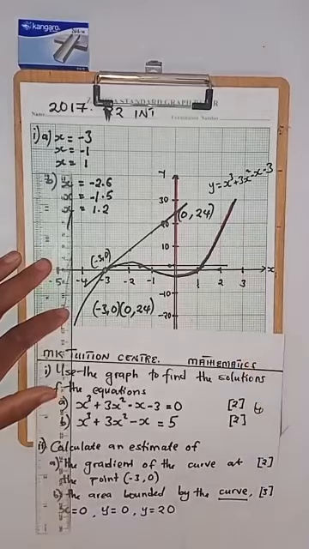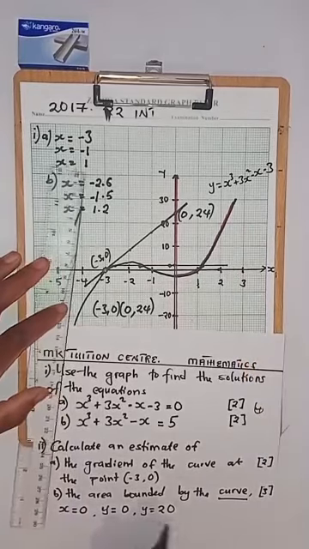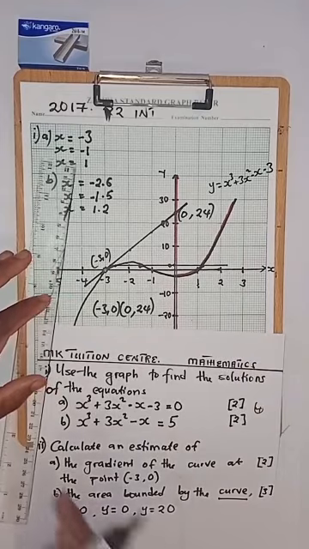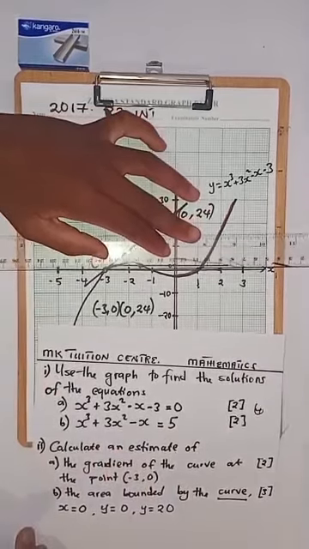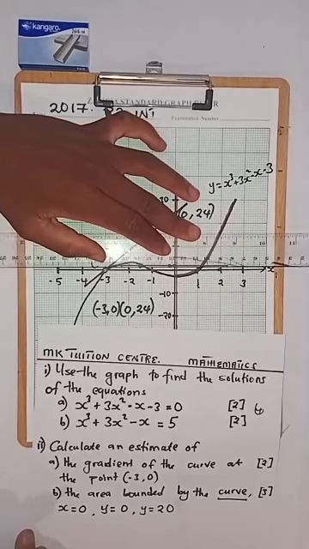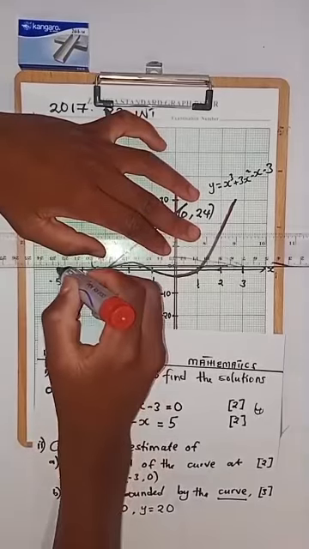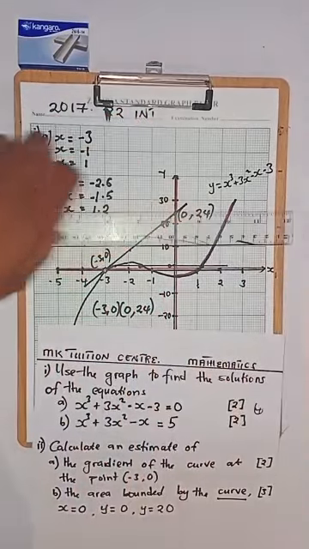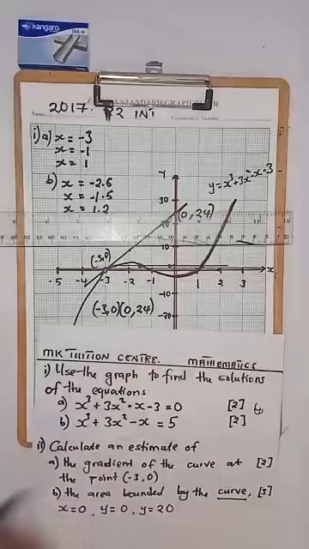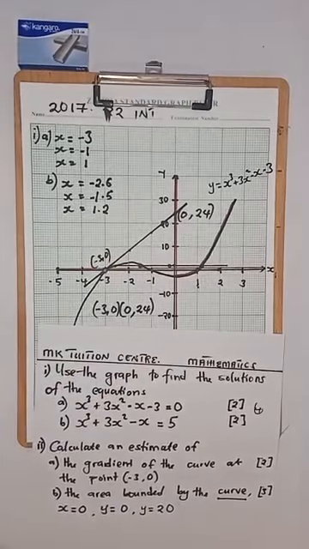Okay, what else? Y is equal to 0. So when y is equal to 0, it means we're going to stand at the x-axis, because this axis is cutting the y-axis at 0. I'm going to have it like that. Okay, it was supposed to be straight, but I want you to have a look at what I'm doing here.